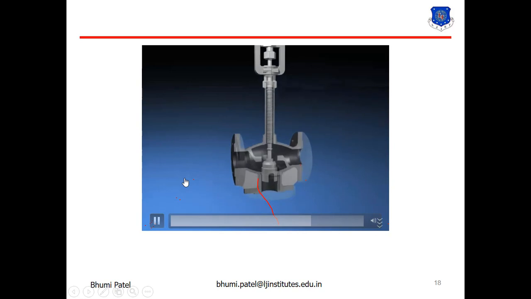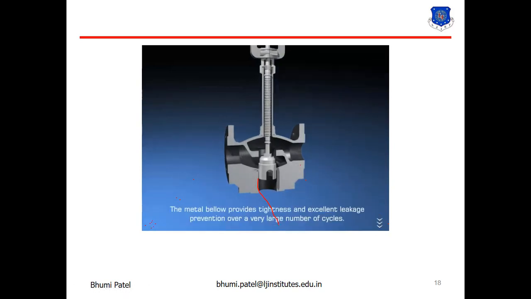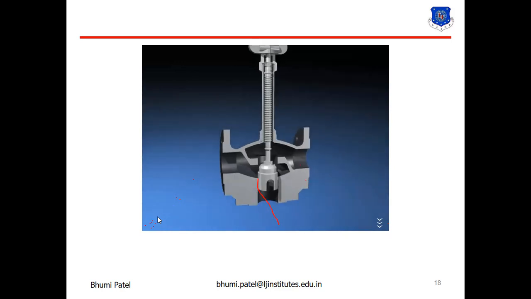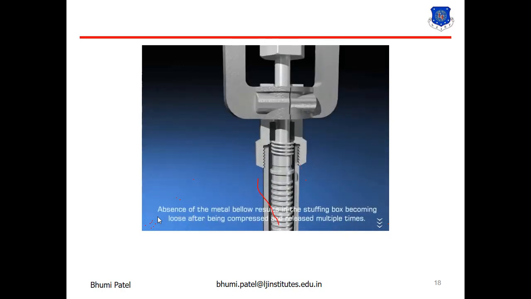The three-way valve is used to prevent external leakage, and it is also used for tightness, and it holds over a very large number of cycles. Now here you can see that hermetic sealing is used for the three-way valve for controlling purposes.